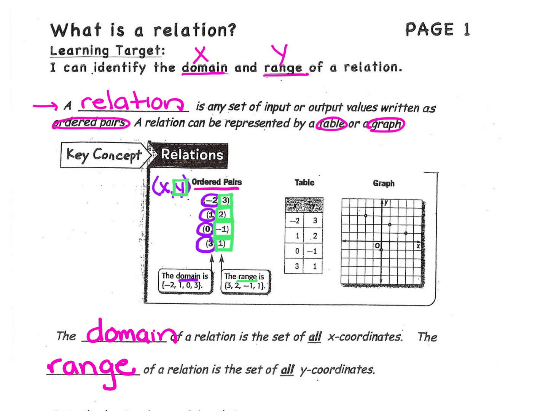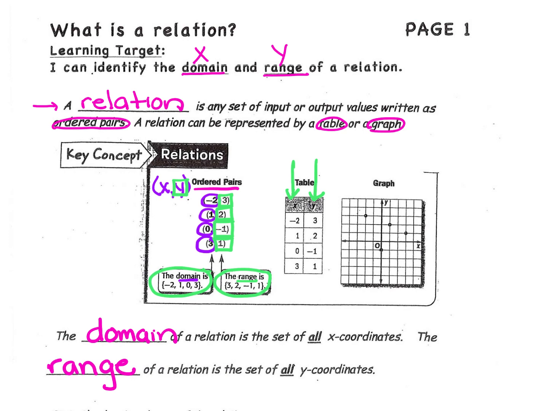So, when you're given ordered pairs, the domain set is made up of all the x's. The range is made up of all the y's. The same is true in a table of values. Your x's are your domain. Your y values given in the table are your range values.